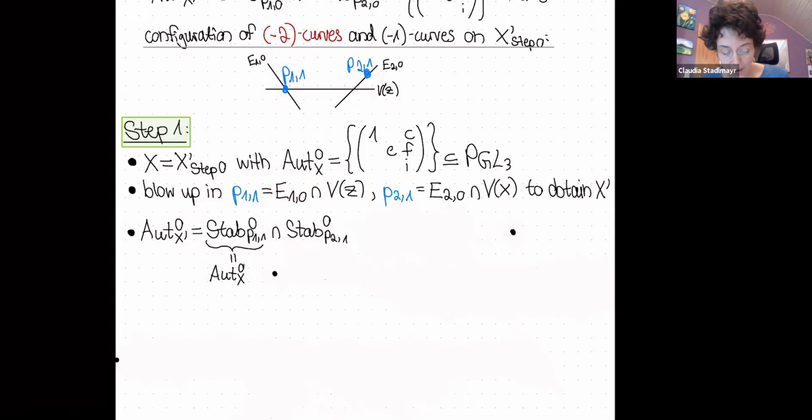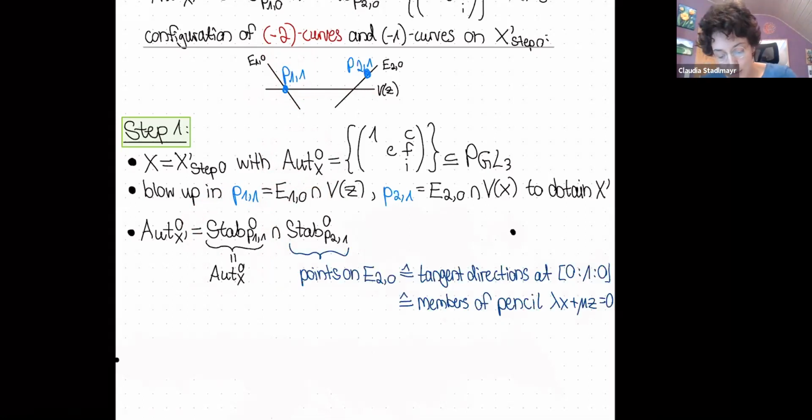For the second stabilizer, it's not so easy. For this, we have to observe that the points on our second exceptional locus, E20, correspond one-to-one to tangent directions at the point we blew up in order to obtain this exceptional divisor. Tangent directions there correspond to lines through the blown up point, correspond to members of the pencil lambda x plus mu z.